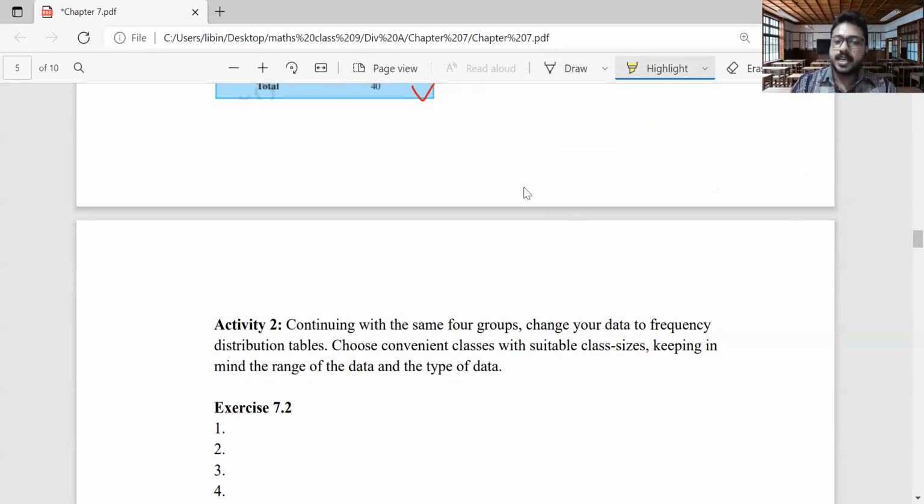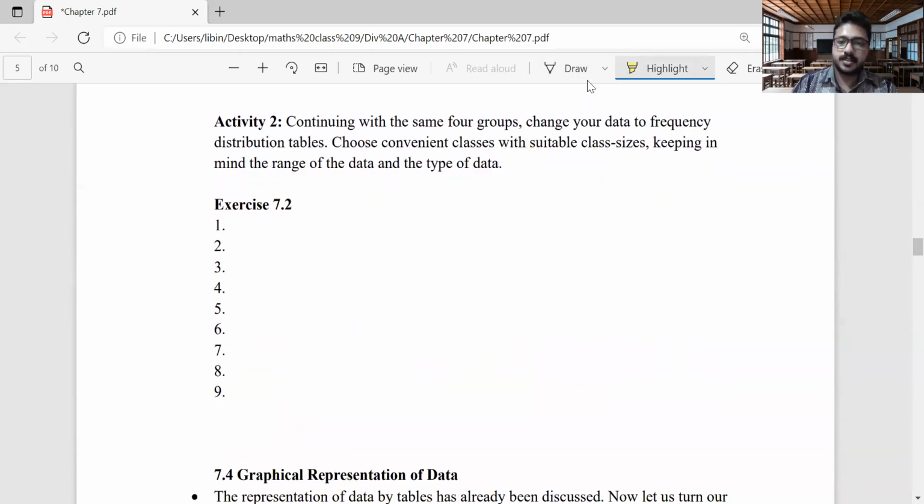So I think we can move to our next section, section 7.4, graphical representation of data. We have first seen collection of data, then we have seen representation of data. In that representation we have actually seen 3 types. First, data where we just randomly write them and arrange them in ascending order. That is type 1.